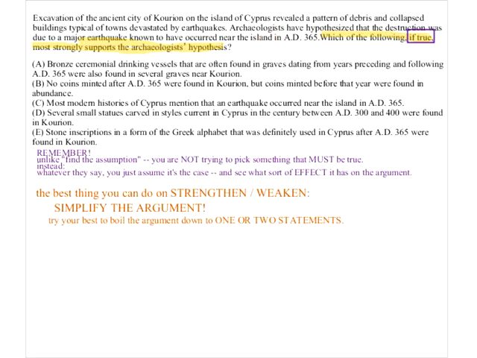So if we simplify, a simplified argument has the following format. The only premise we've got is Kourion was destroyed by an earthquake.